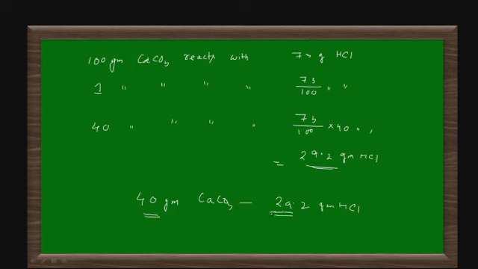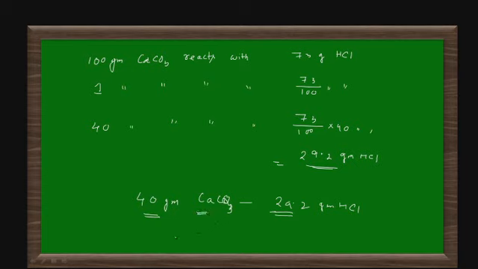That means HCl will be left over in this reaction. Okay, and all calcium carbonate will be consumed, because for 40 gram calcium carbonate you need only 29.2 gram HCl, but you have 40 gram of HCl. That is, you have enough HCl to react all 40 gram calcium carbonate. That is, calcium carbonate will be completely consumed.